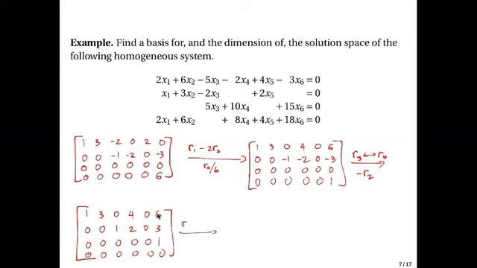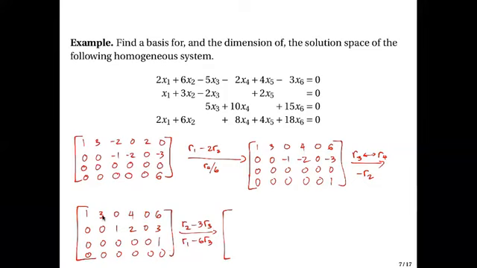So we have row 2 minus 3 row 3. Also, we have row 1 minus 6 row 3. So let's do row 1 minus 6 row 3.